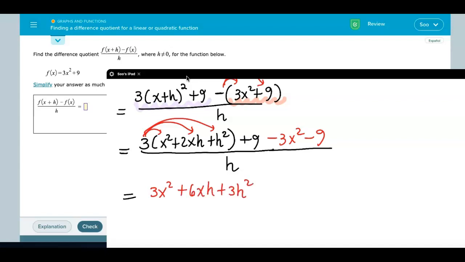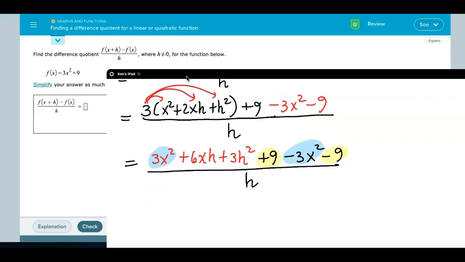And then we write down the rest of them. Plus 9 minus 3x squared minus 9 all over h. And a lot of things will now cancel out. Take a look. Positive 3x squared and negative 3x squared is canceled out. Let's find more. Positive 9 and negative 9 is canceled out.